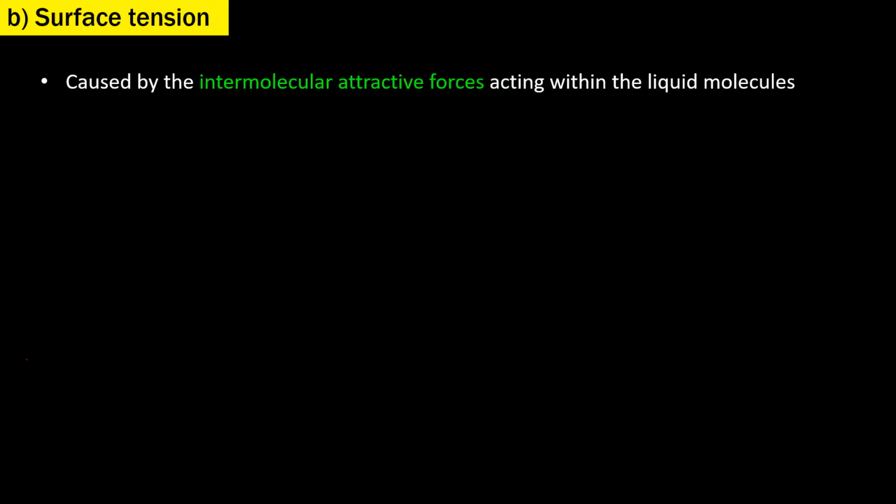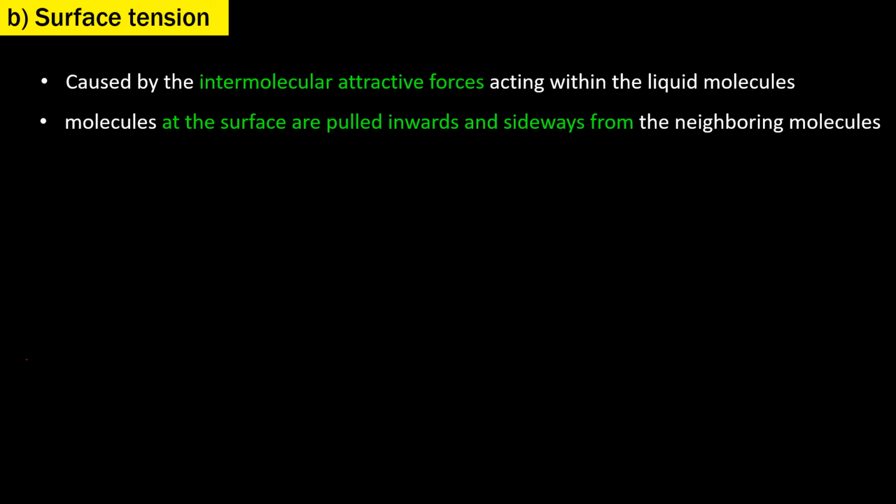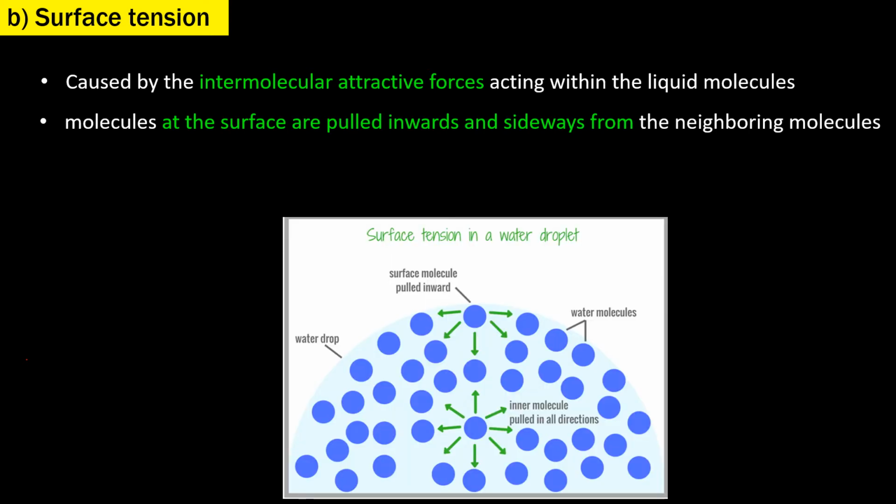Surface tension of the liquid is caused by the intermolecular attractive forces acting within the liquid molecules. Molecules at the surface are pulled inward and sideways from the neighboring molecules. This is the molecule on the surface. They've been pulled inward and sideways only.